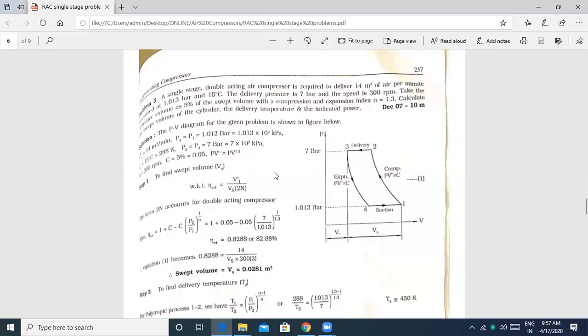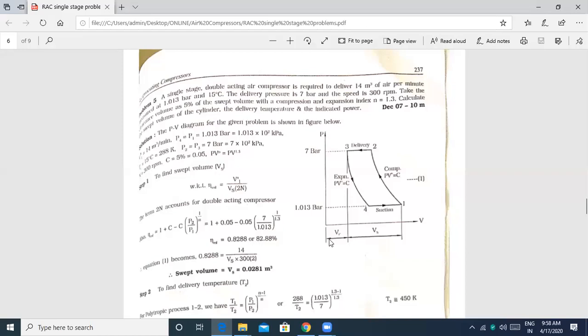So they have given the condition that the clearance volume is 5% of your swept volume or stroke volume. From V1 up to V3 is the clearance volume, and the stroke volume is the portion from here to here. Just observe the PV diagram.